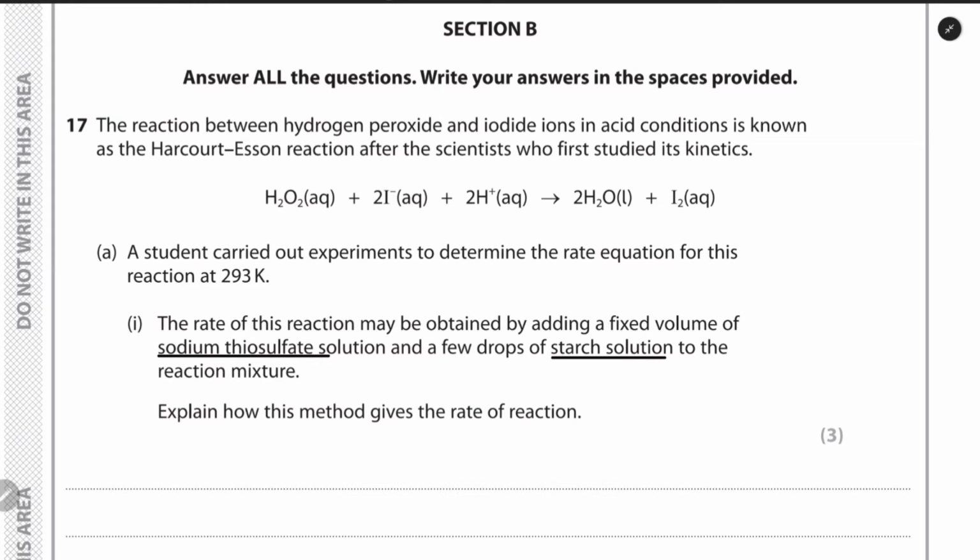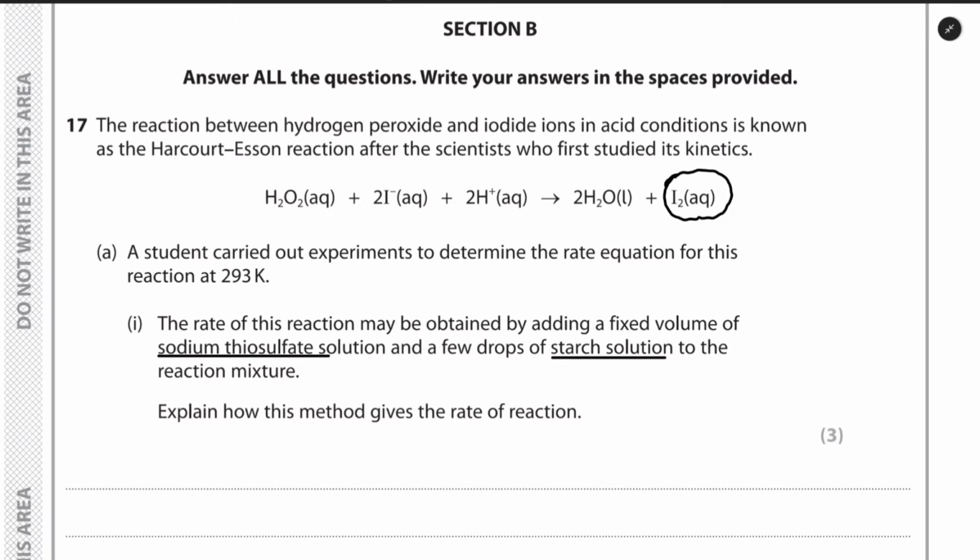The sodium thiosulfate will react with this iodine over here until the sodium thiosulfate is used up. After that, the iodine that is produced will react with the starch solution, producing a starch iodine complex which will have a blue black color.